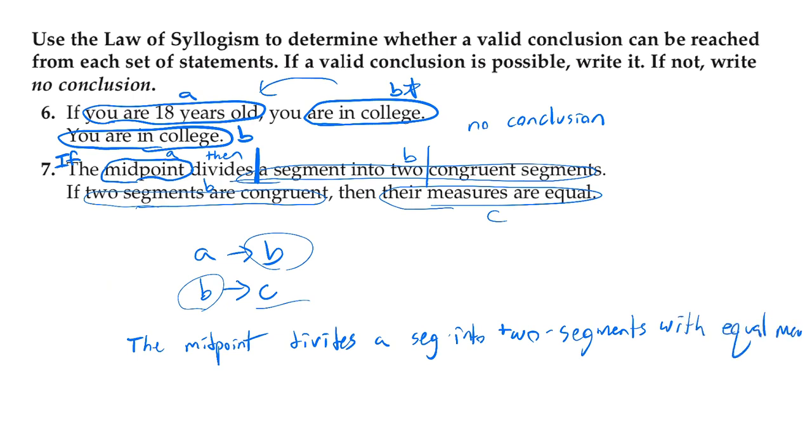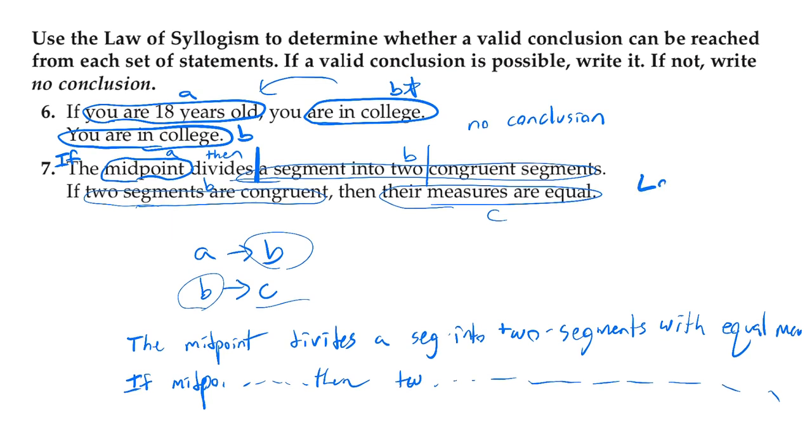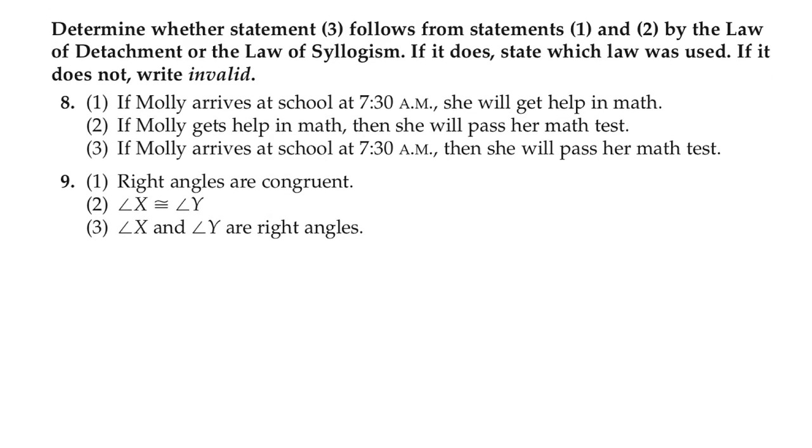Right? Or you could have done that as an if statement. So if midpoint, then two segments of equal measure, right? But yeah, this is absolutely right here, law of syllogism. Exactly a perfect example of it. Okay? Let's do some more.